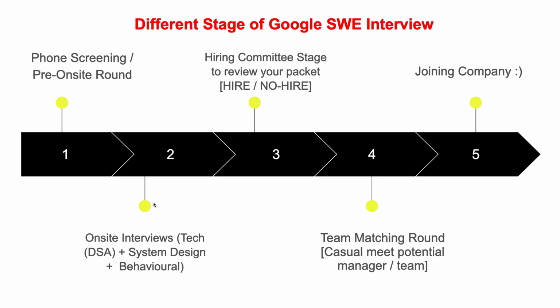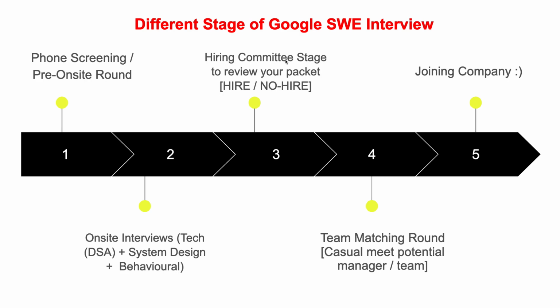Then once you clear all that, they create some sort of packet. This packet terminology is kind of unique to Google, where all of the candidate's interview performance, resume, and recommendation is tied to one packet, and then that packet is sent to a hiring committee.